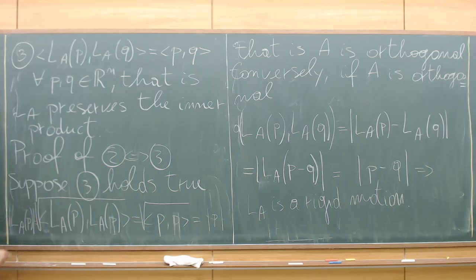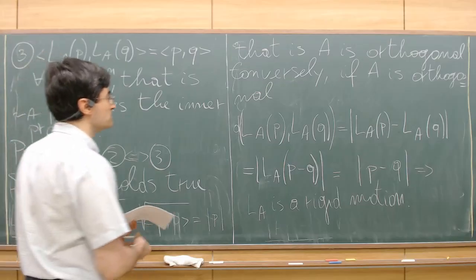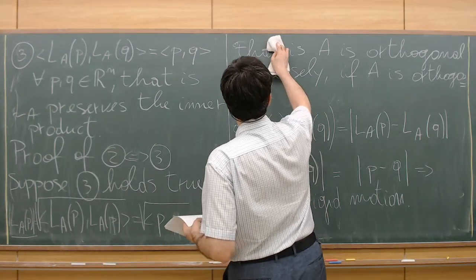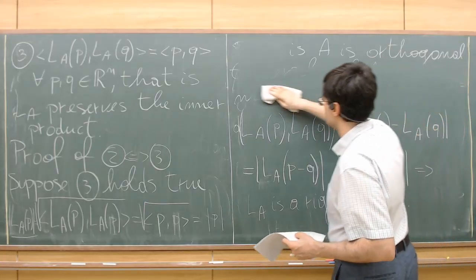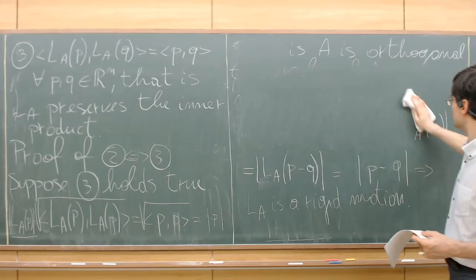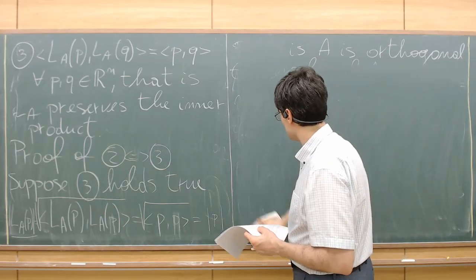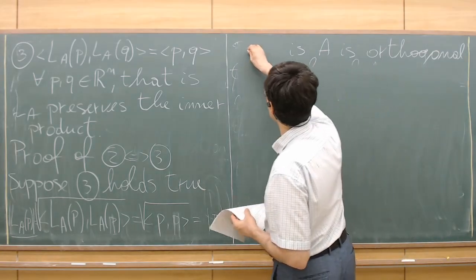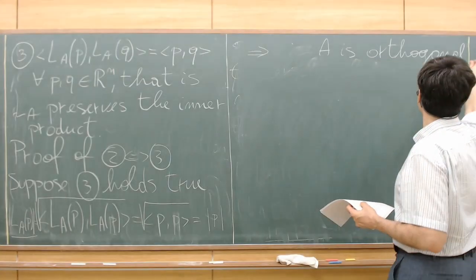So we prove that once again the length of LAP is equal to the length of P, and this means that A is orthogonal. So this implies A is orthogonal.